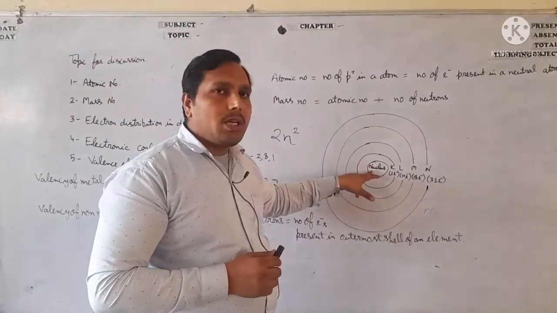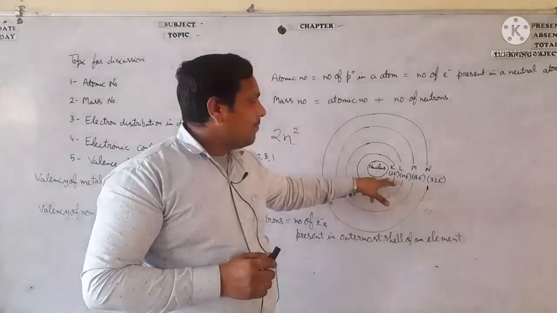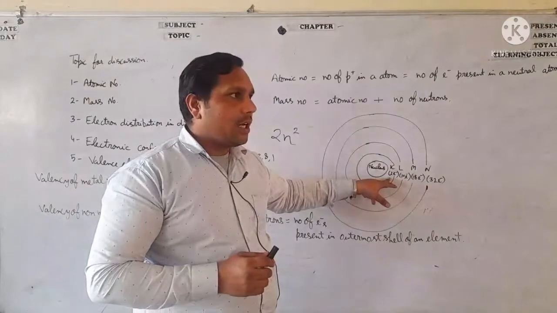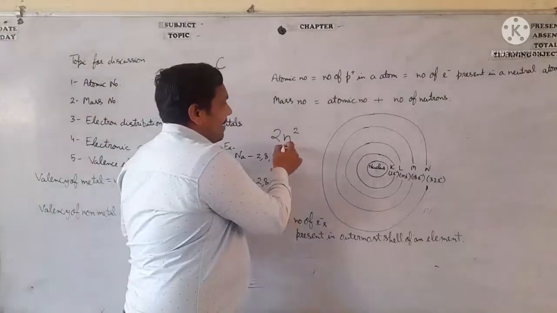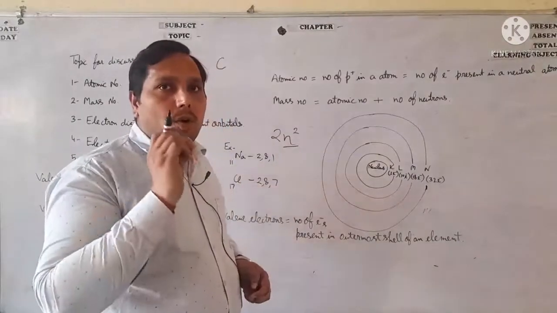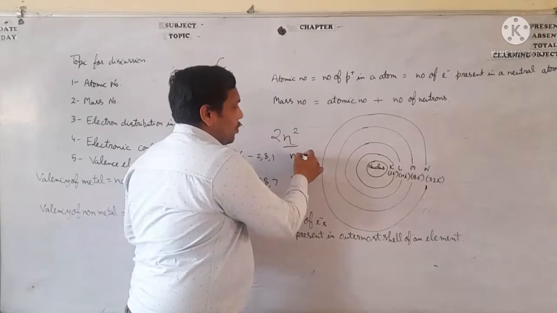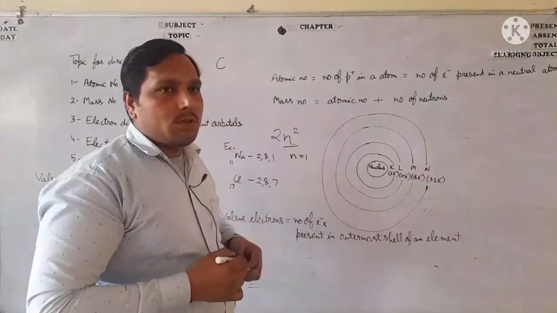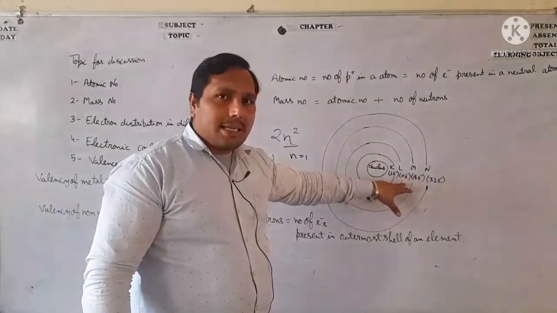Like this is the nucleus of an atom and that is the first orbital, the K shell, and there are 2 electrons. How will you calculate the electrons present in an orbital? Here n is the number of the orbital of an atom. If we put n equals to 1, then the number of electrons in the K shell will be 2, and the L shell contains 8 electrons.